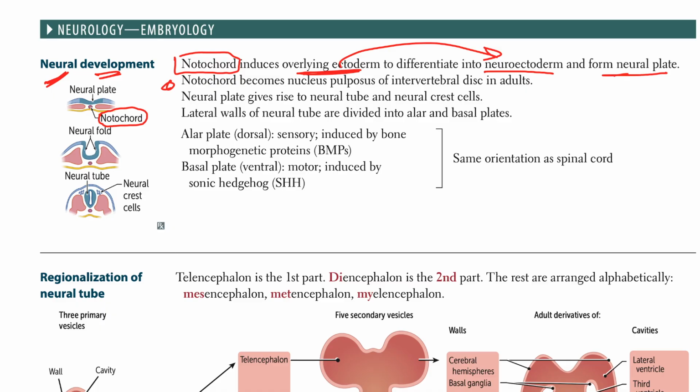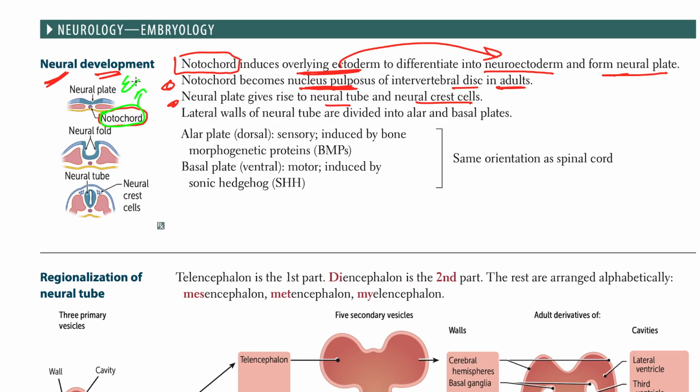Notochord becomes what? Nucleus pulposus of the intervertebral disc in adults. Neural plate gives rise to neural tube and neural crest cells. Okay, so what did we talk about till now? We said this guy, notochord, is inducing the surface ectoderm.